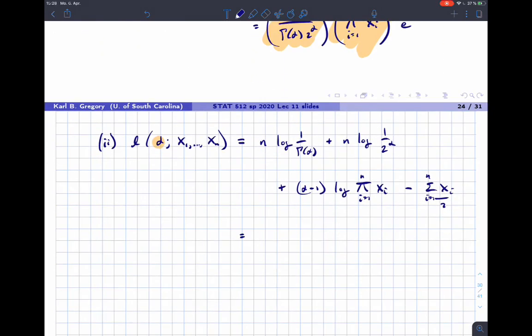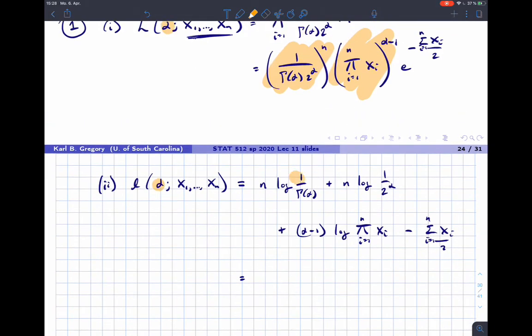Let's simplify a little bit more. I don't really like to have log of 1 over something, so let's write this as minus n log gamma of alpha, since this is like gamma alpha raised to the minus 1, and I can pull the exponent out of the log and put it in front.